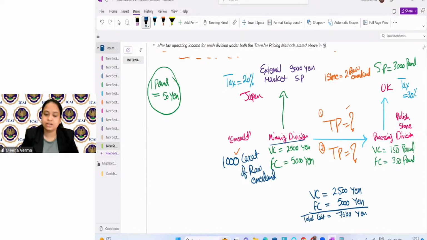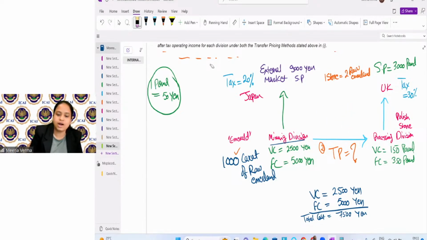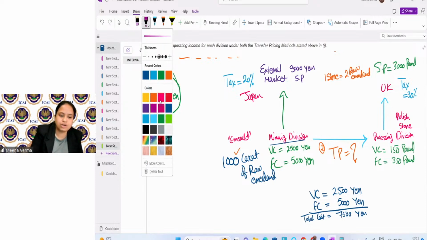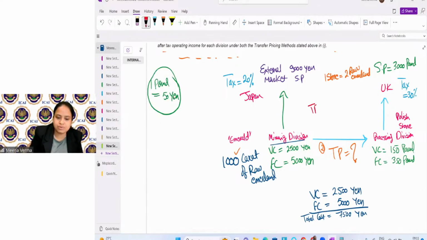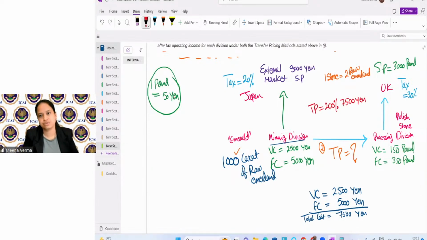What is given here? The first method: the transfer price should be 200% of the total cost. The total cost is 7,500 yen. This is the transfer price which you have to set.